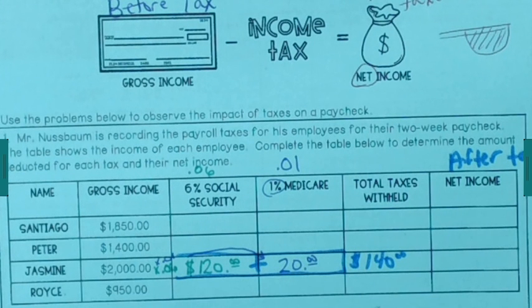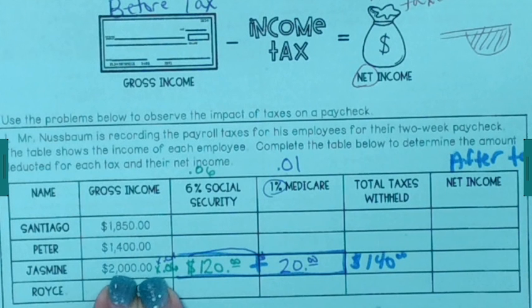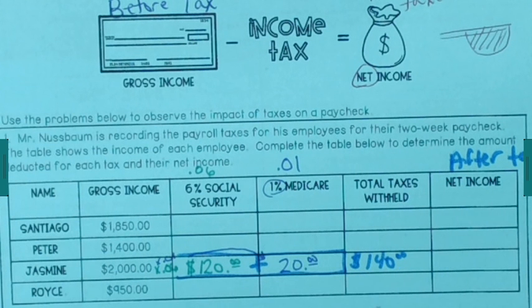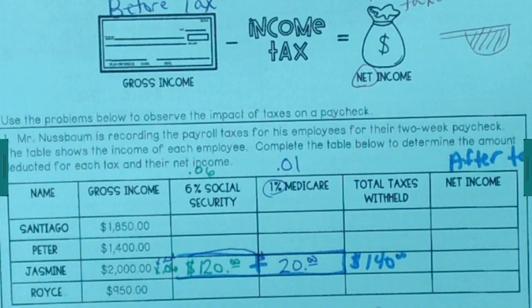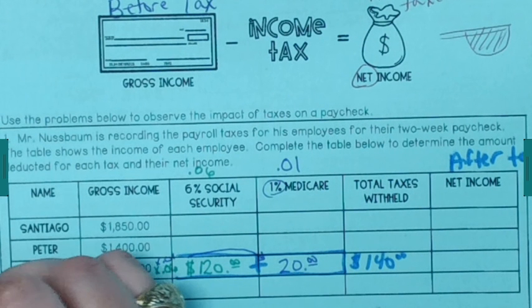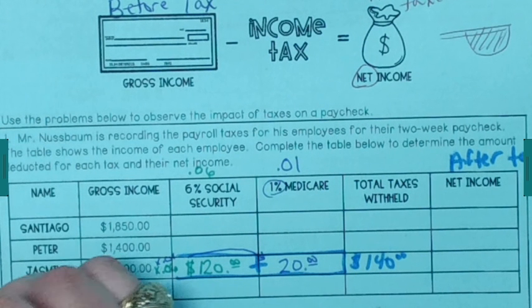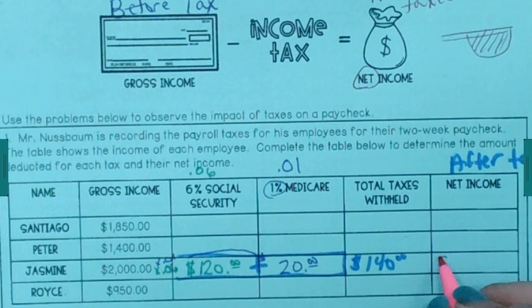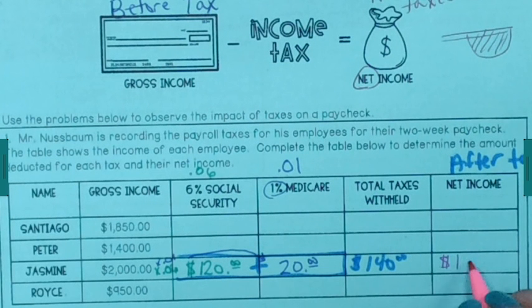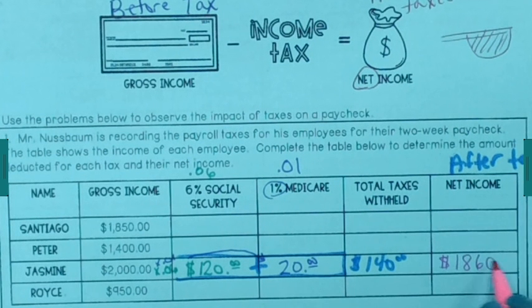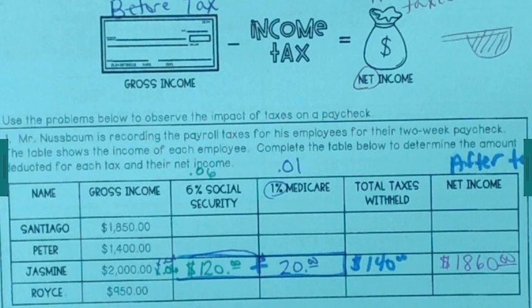So you go back to the 2,000 minus the 140. I got $1,860. All right, perfect. That's what Lena got too. $1,860. So that's how much Jasmine is really going to make afterwards. Pretty easy? Okay.